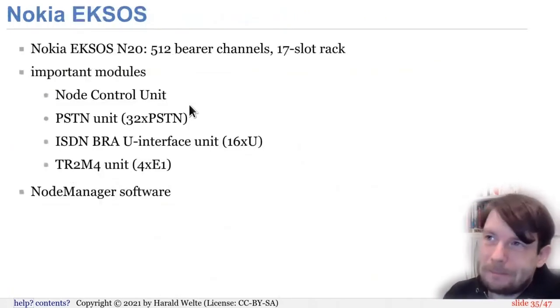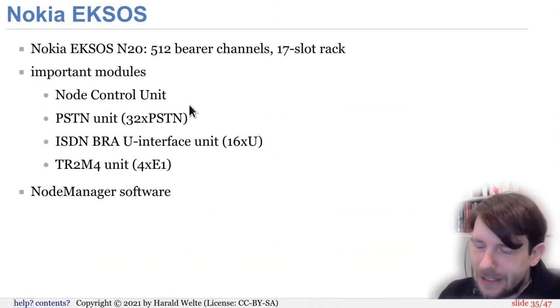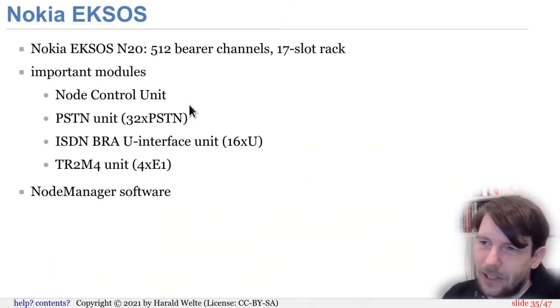Now let's look at some real-world implementations of such access networks that support V5. One of those is the Nokia EXOS family of products. The one device that I've looked at specifically is the Nokia EXOS N20, which is a 17-slot rack. We will have some pictures shortly in the next slides. So you have a sub-rack with 17 slots, and in that you can manage 512 bearer channels.